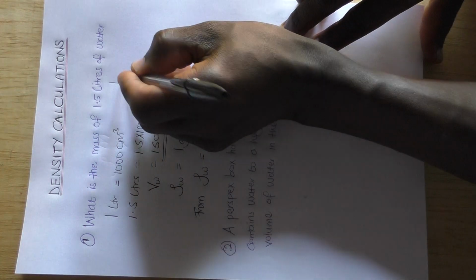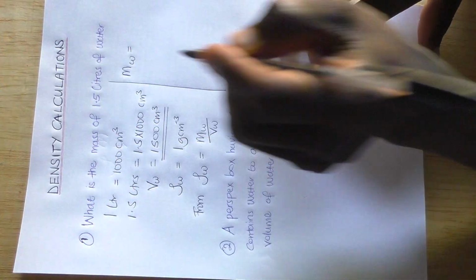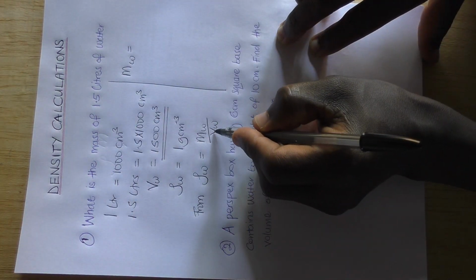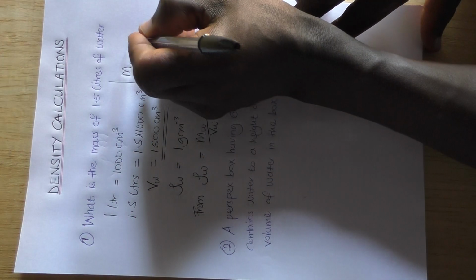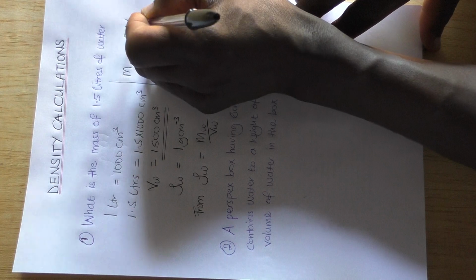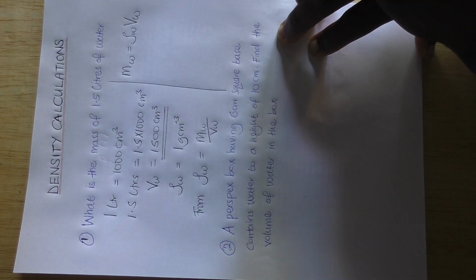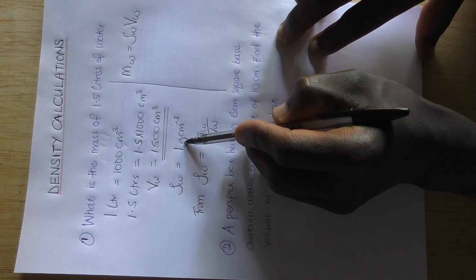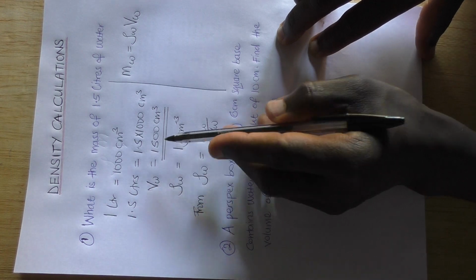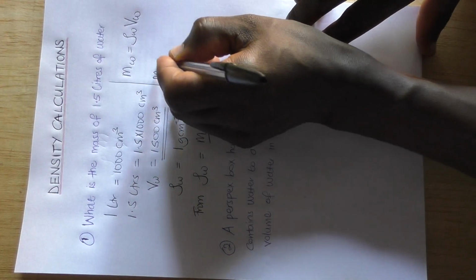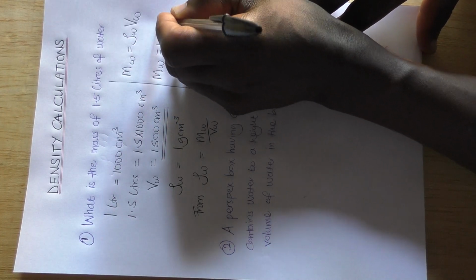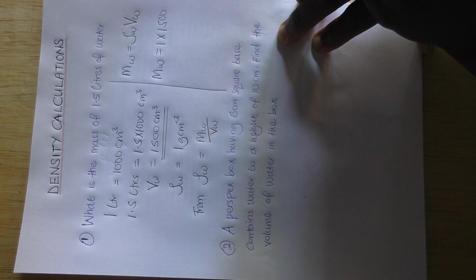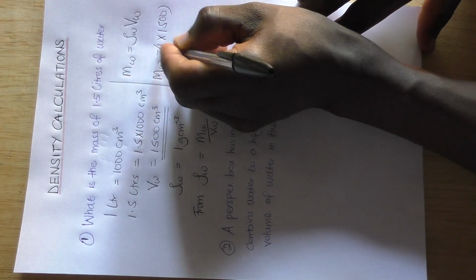That is, we shall multiply it out by the volume, hence giving us mass of water as density of water times its volume. Therefore, we have the density, we have the volume, so we can get the mass of water as 1 times 1,500, and this will be in grams.